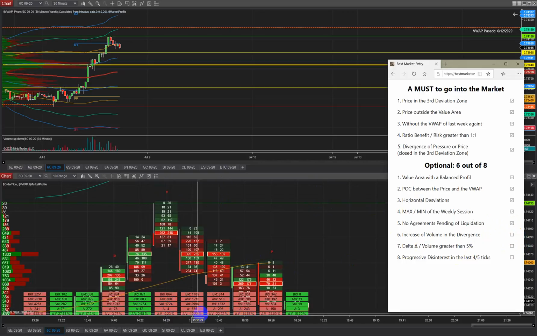No. Is the delta greater than 5%? No, we don't have it there. Is there a progressive disinterest in the last 4 or 5 ticks? 1, 2, no, we don't have that either. 26, 39, 30. So we don't have it. So we couldn't make this.